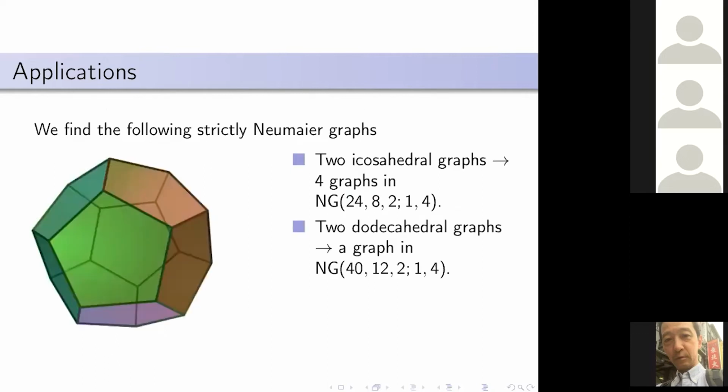We could also do the same with 2 dodecahedral graphs, and we get a strictly Neumaier graph on 40 vertices. And this is, I think, still a graph which is not contained in any known infinite family. So this one you might want to start with to extend.